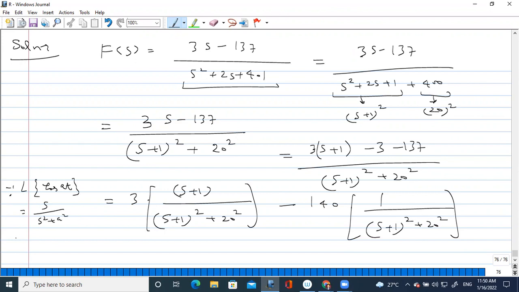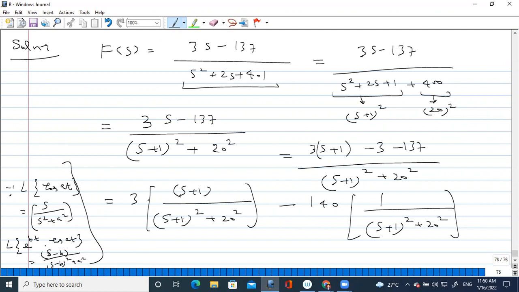So in that if you compare Laplace of, suppose, e to the power bt into cos at, so that will be what? (s minus b) divided by (s minus b) whole square plus a square. So like this you can think.